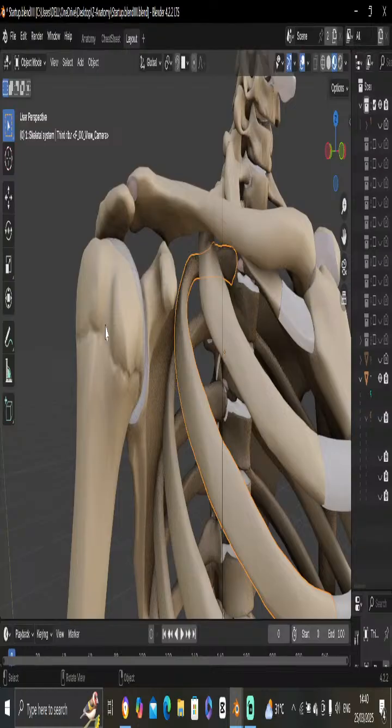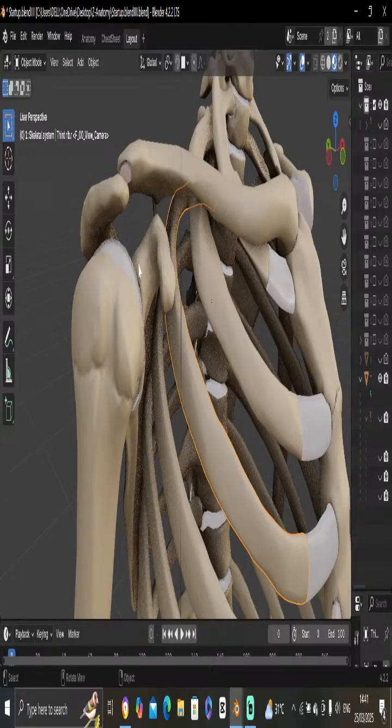The intertubercular sulcus was formerly known as the bicipital groove because, if you remember, the long head of biceps originates from here. This point that I'm highlighting is the supraglenoid tubercle. It moves across the head and anatomical neck, then passes through this groove.